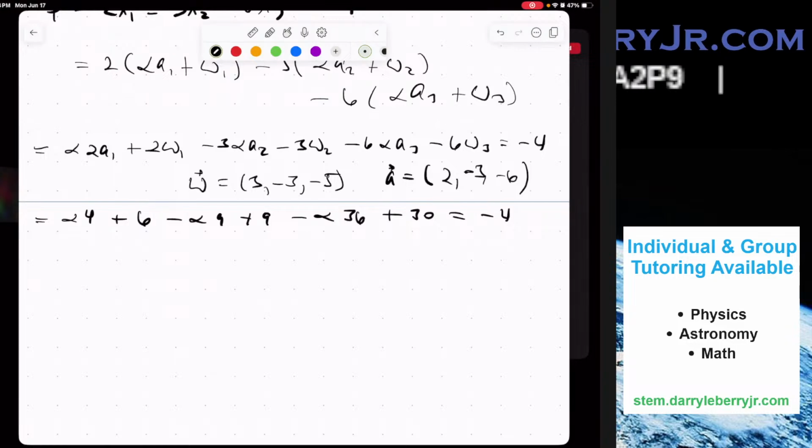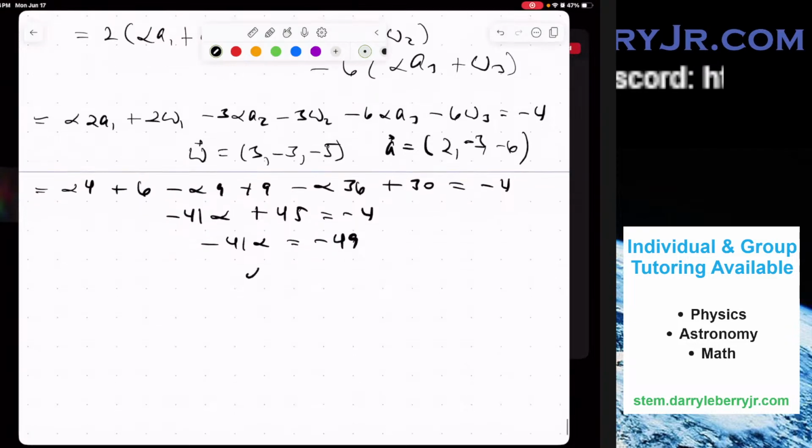So now I have -45, -41 alpha plus 45 equals -4. So -41 alpha equals -49. Alpha equals 49 over 41.